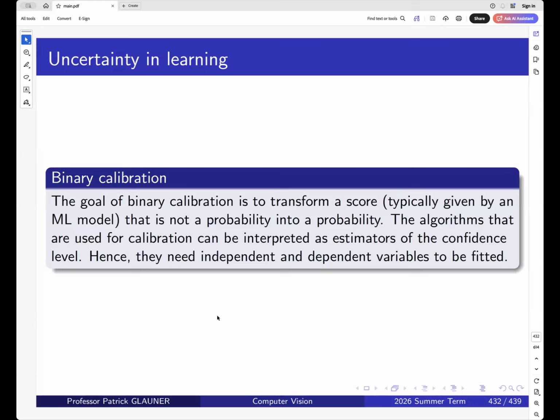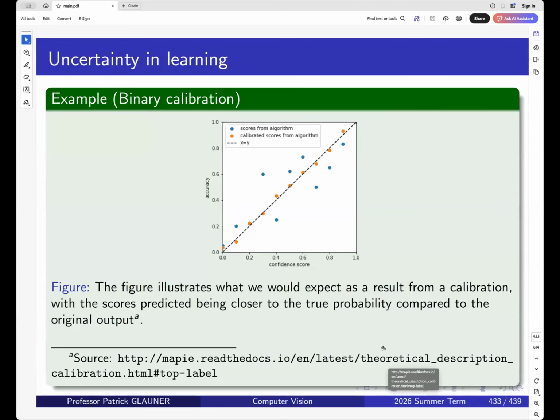The algorithms that are used for calibration can be interpreted as estimators of the confidence level. So they need the independent and dependent variables to be fitted. What I have here also comes from the same library, MAPIE, that implements conformal prediction. It also offers some work around binary calibration.